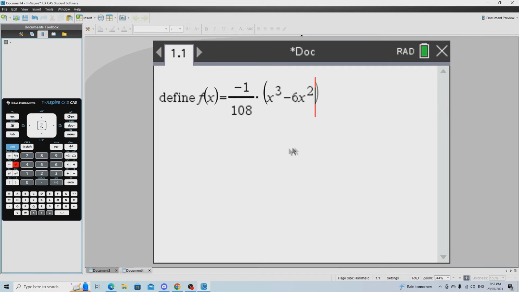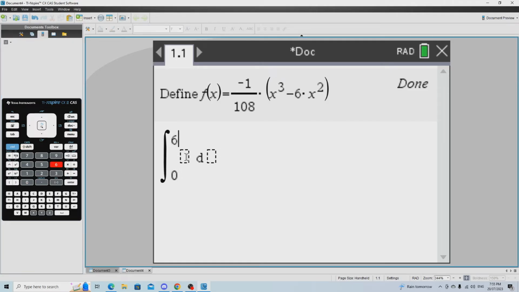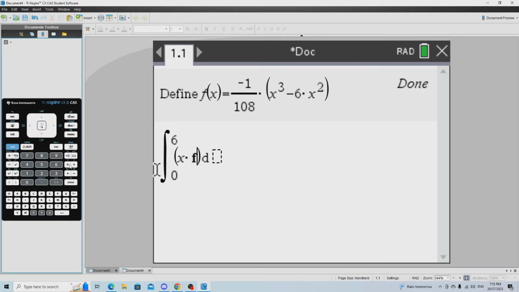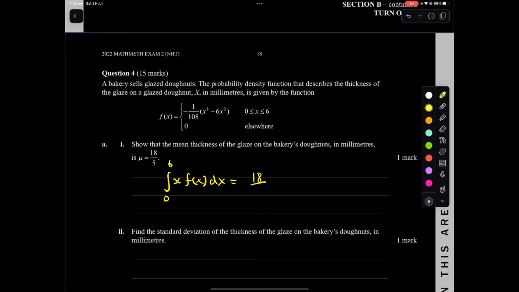Okay, so we're saying from 0 to 6 of x times f of x, comma x, which is 18 over 5, which is true. 18 over 5 is equal to your mean value.